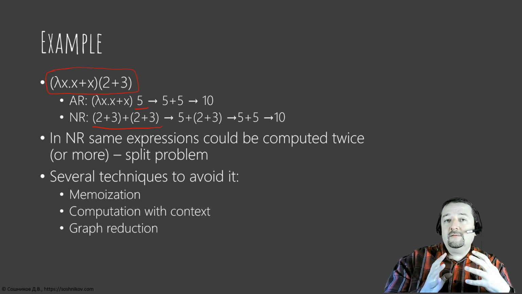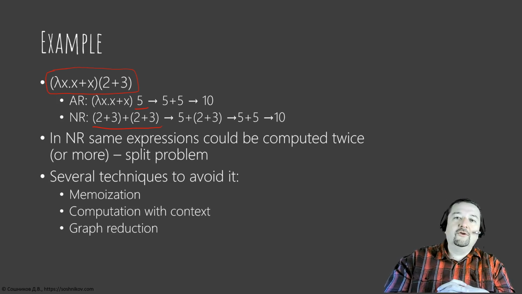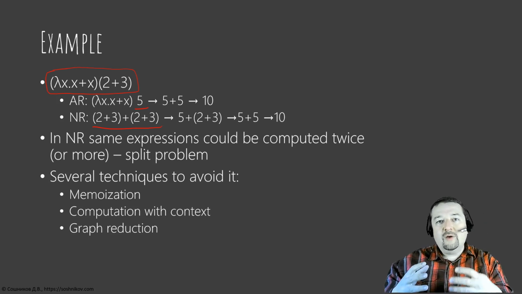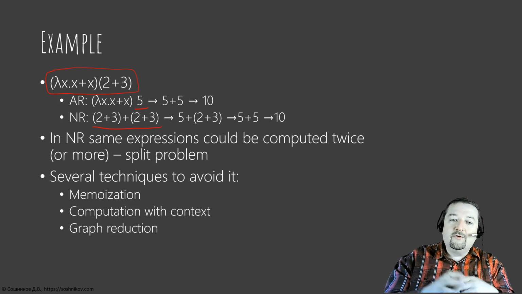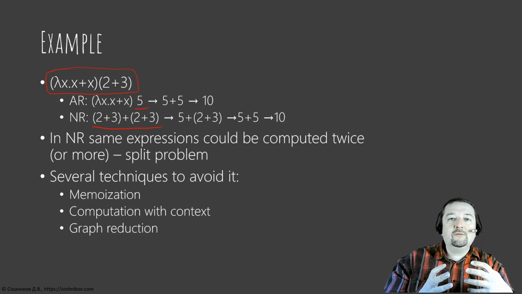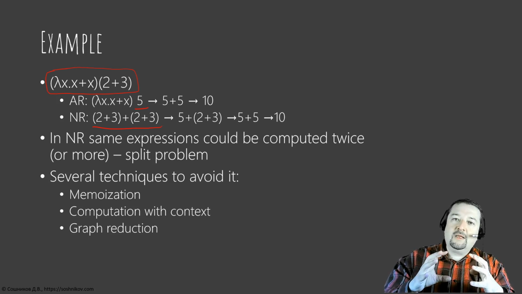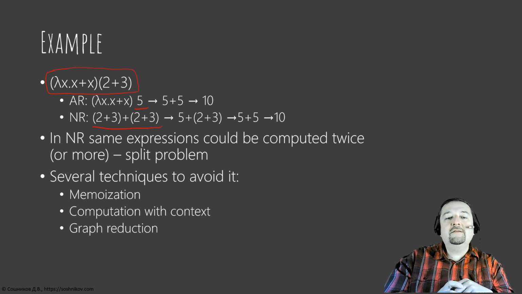So there need to be some ways to avoid it. For example, if we implement real programming languages based on this lazy computation strategy, we would need to somehow either remember those computations, which is called memoization. If we memoize things, we need extra memory to remember which expressions we have already computed, so that we don't recompute them again. Or we can do so-called computation with context. We introduce additional variable names for that.